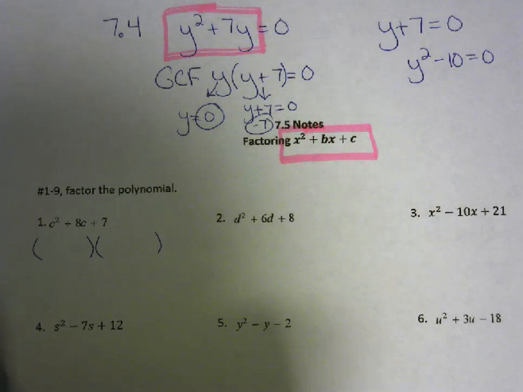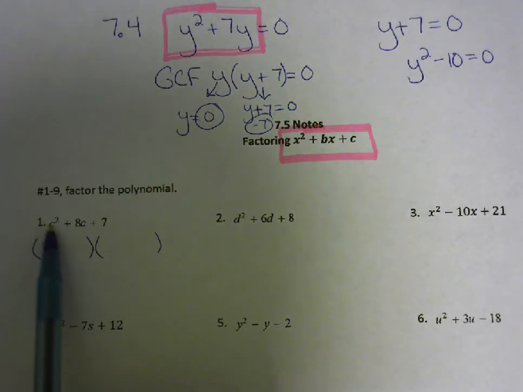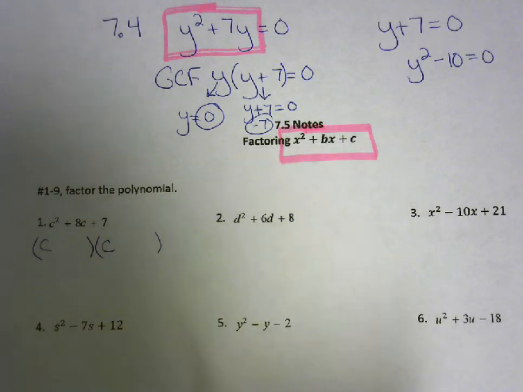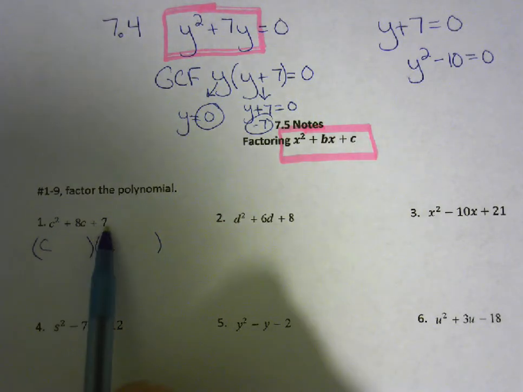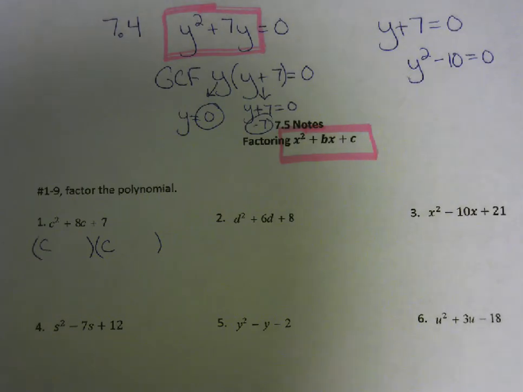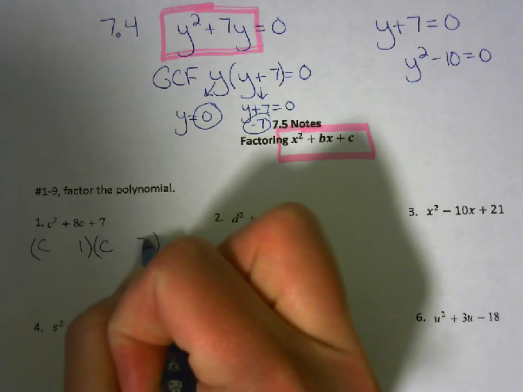And so what I do is I look at this and I say, okay, what makes up c squared? Well, that had to have been c times c. And then I look at this and I say, what makes up 7? What multiplies to get 7? Well, there's only one thing that multiplies to get 7, and that's 1 times 7.